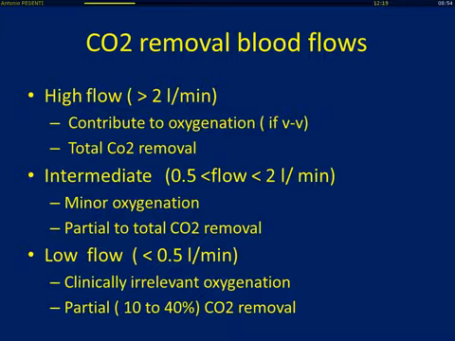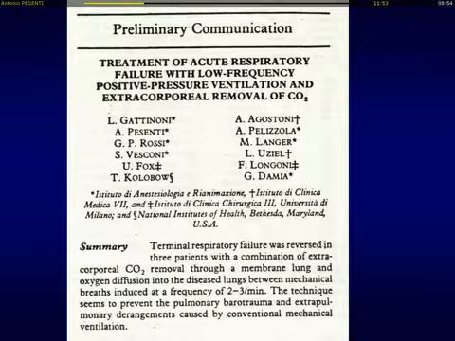And there is a huge confusion and huge guessing about everything, about indications, effectiveness, risks. So let's see if we have any data and what is the rationale behind or beyond CO2 removal.